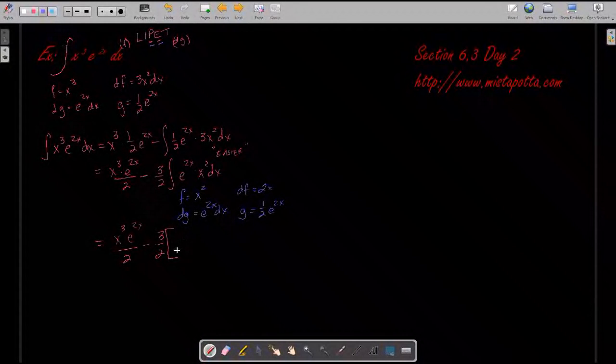And it's going to come out to f times g minus the integral of g df. Let me clean this up a bit.